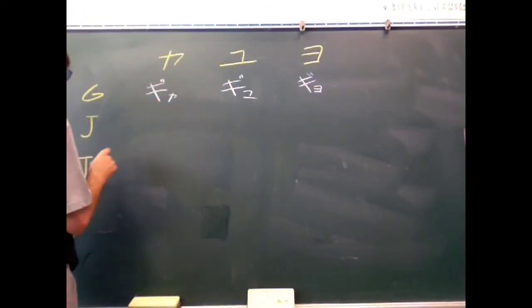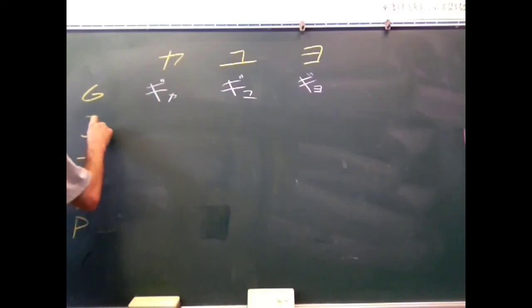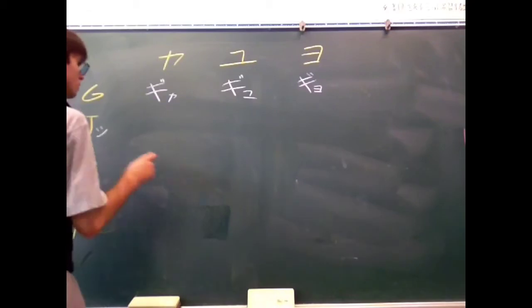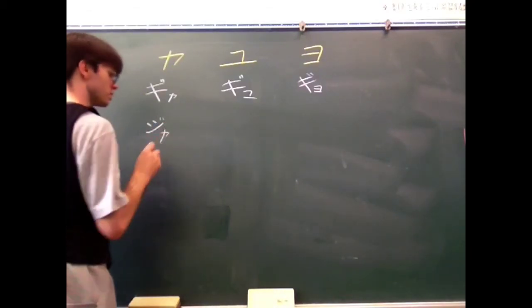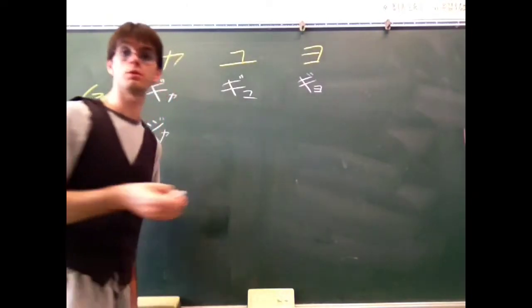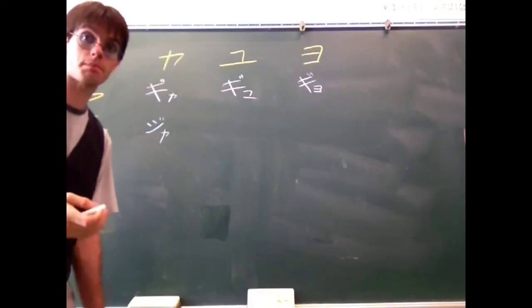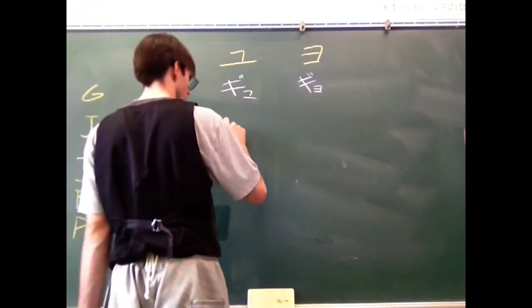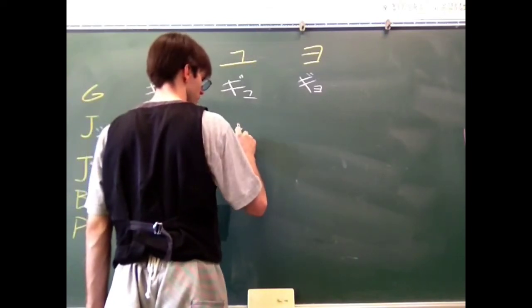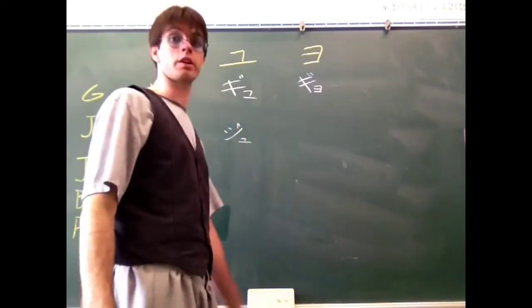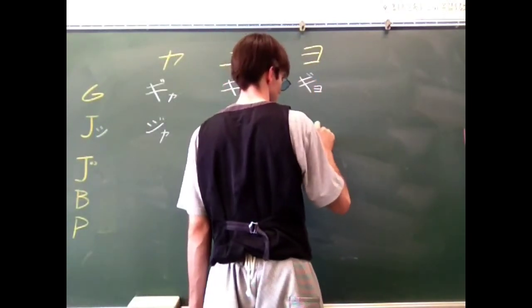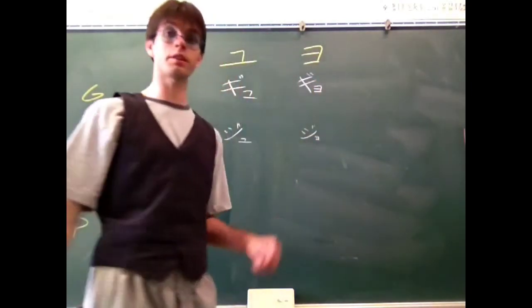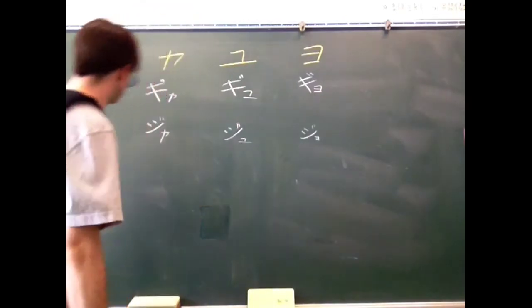Next up is the J's from the shi syllabary line. So you've got shi, ten-ten, ji, ja, which you use in things like Japan. Shi, ten-ten, yu, ju for things like juice, and jo for things like George or joke.